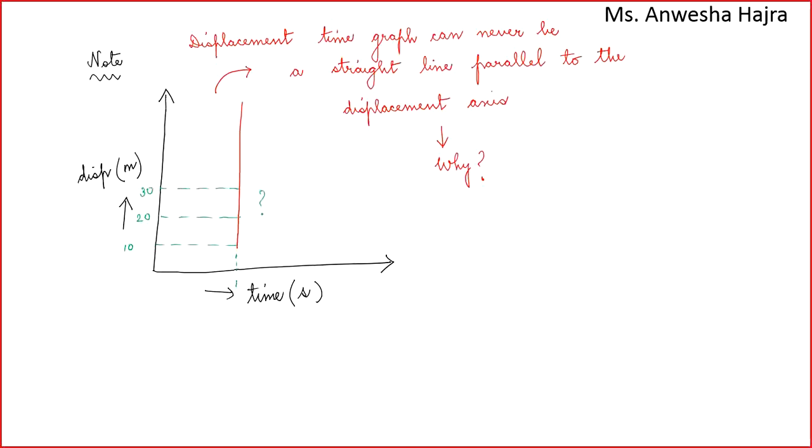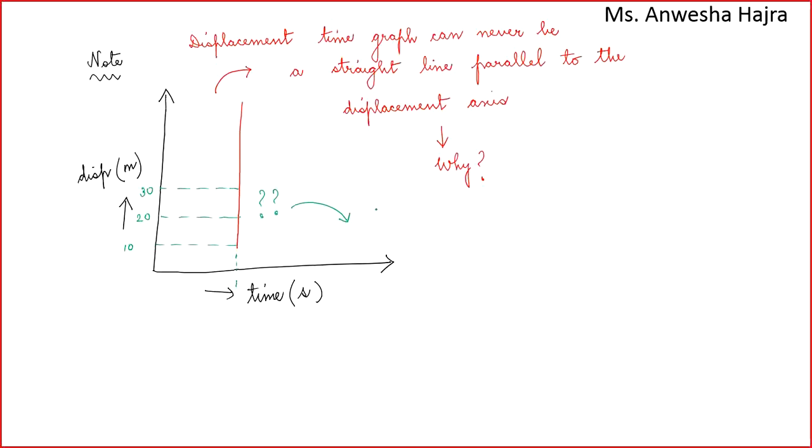What nonsense is this? It's not possible. This type of graph is not possible. If someone tells you that you have a graph like this, that person is fooling you. At one particular time, displacement is changing. Time is not changing, but displacement is changing. How is it possible? It is not possible.